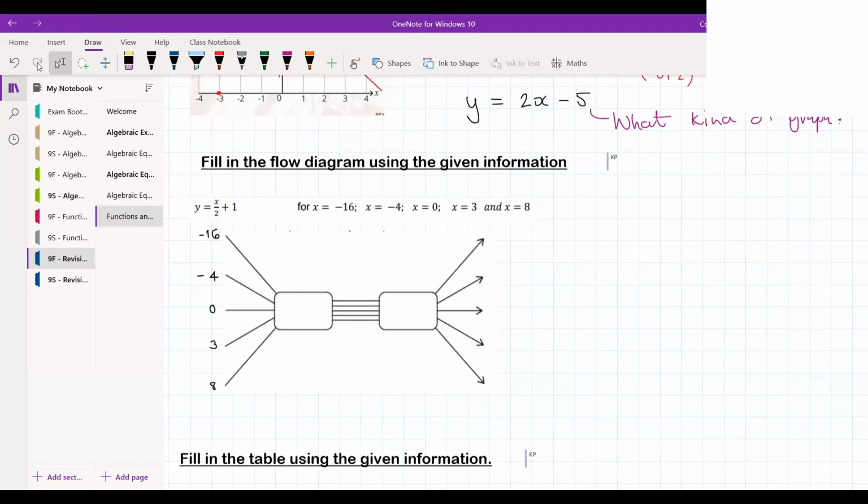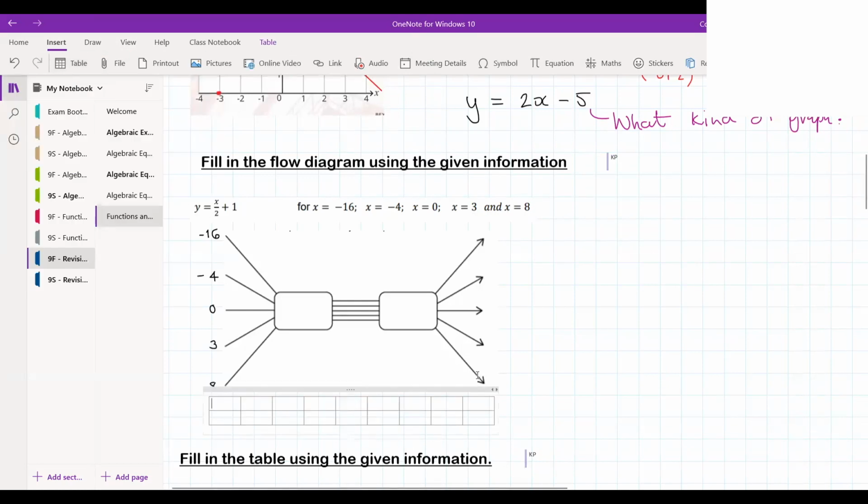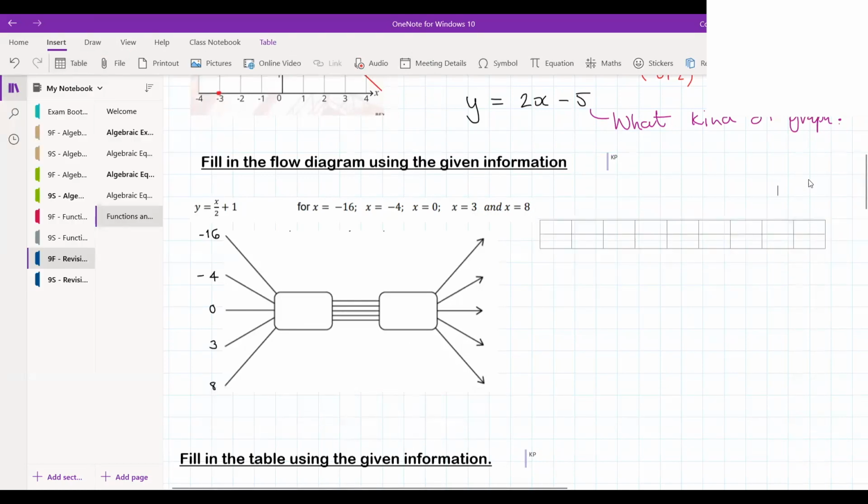All right, excellent. So we're going to see how we can use the diagram over here. We can use a spider diagram, and it's going to give us the exact same thing that it would if we were using a table. So if we were using the table here, this would be my x values and this would be my y values.